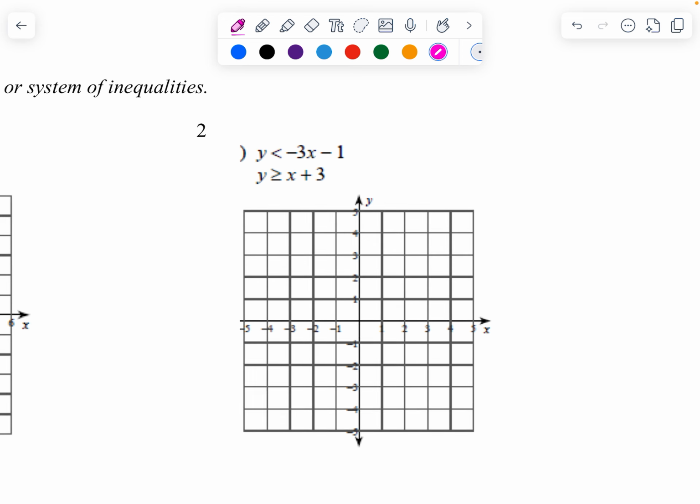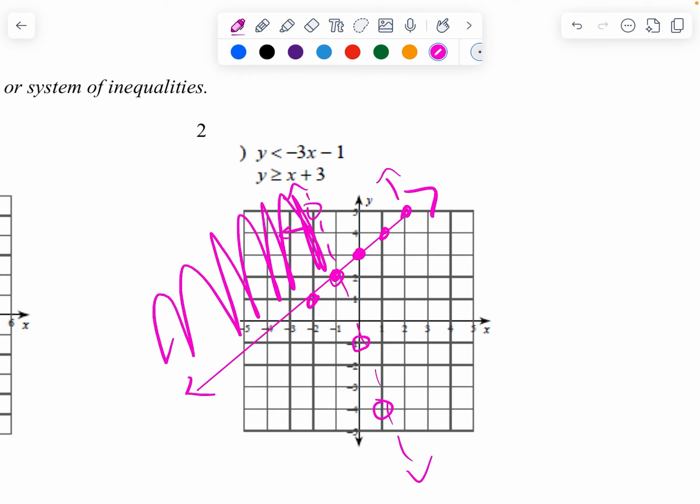So this one says open dot at -1, 2, 3. Okay, and that would be less than this line. And then I go to positive 3, and it's this direction. And it would be greater than this line. So it's all this that's in there.